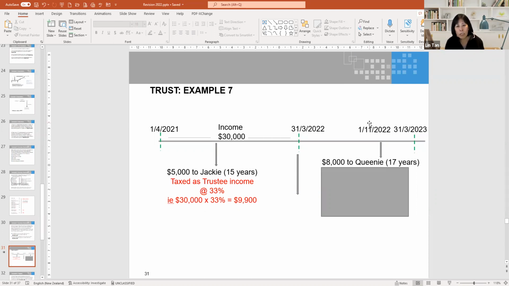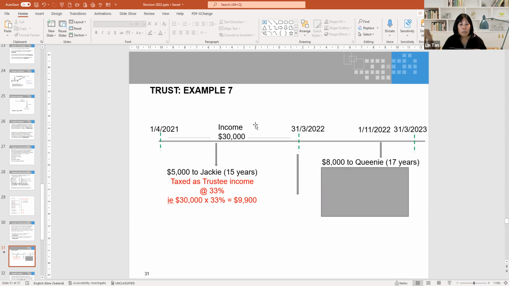Now, the meaning of beneficiary income refers to income paid within the tax year, as well as within 6 months after the tax year. In this particular case, it's paid on 1 November 2022, which is outside the 6 months after the year end. So if that's the case, it's not regarded as Queenie's beneficiary income in the year 21-22.